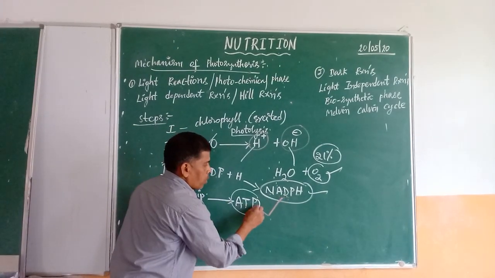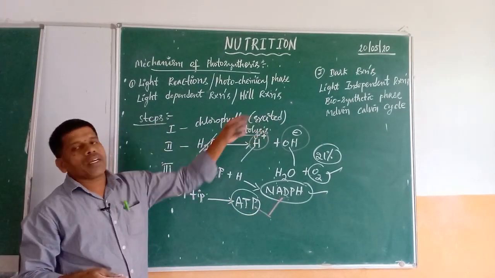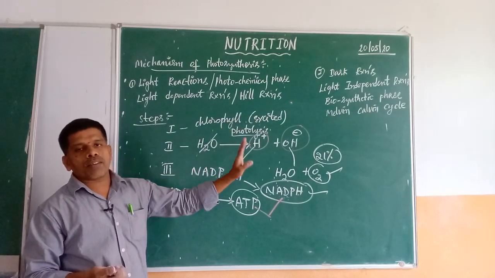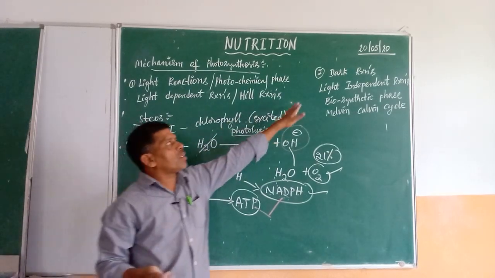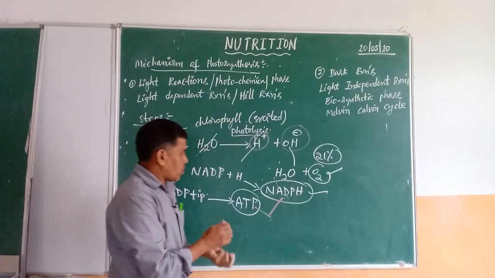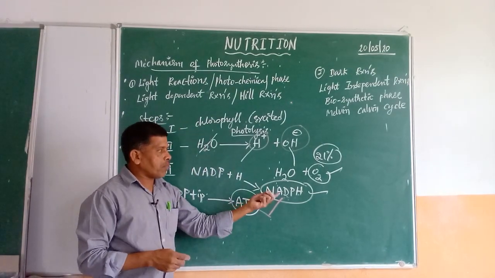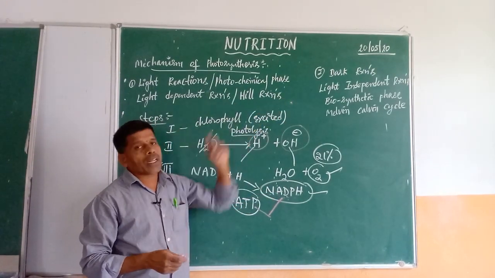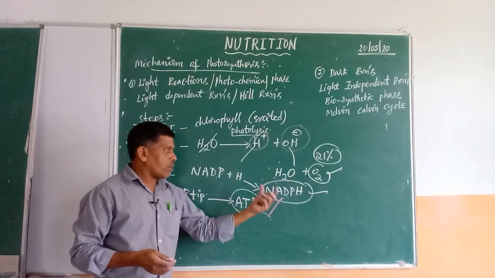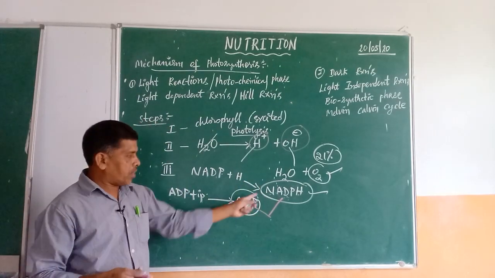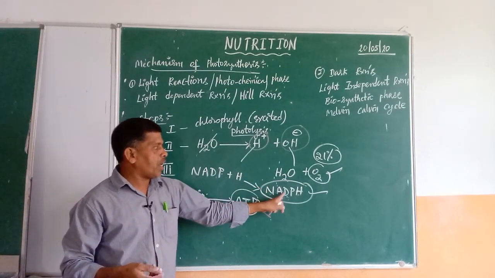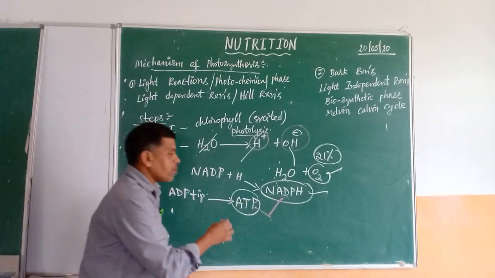These two are most important to continue the next second step of the mechanism of photosynthesis, which is called dark reactions. These two are starting materials during the dark reactions. They are providing one type of power, and these two, ATP and NADPH, are called assimilatory powers.